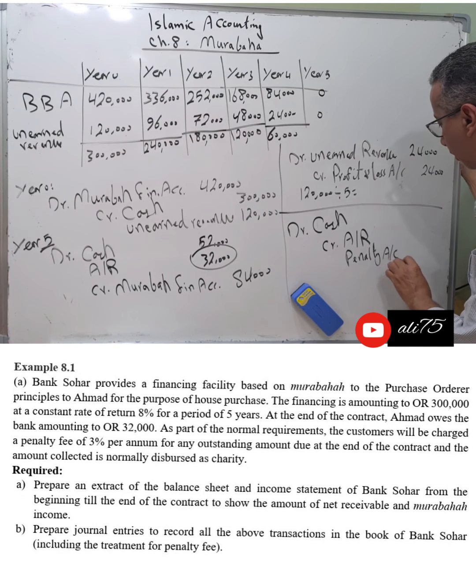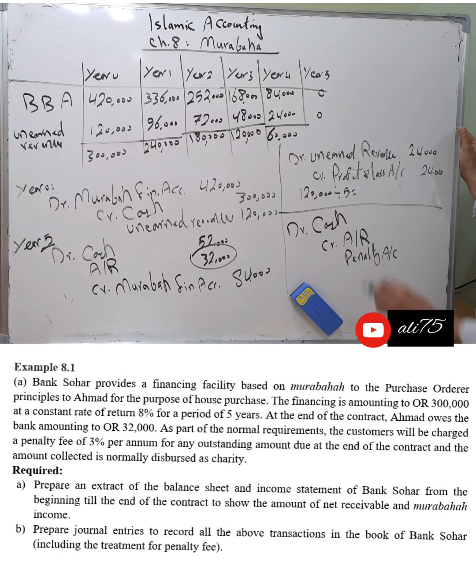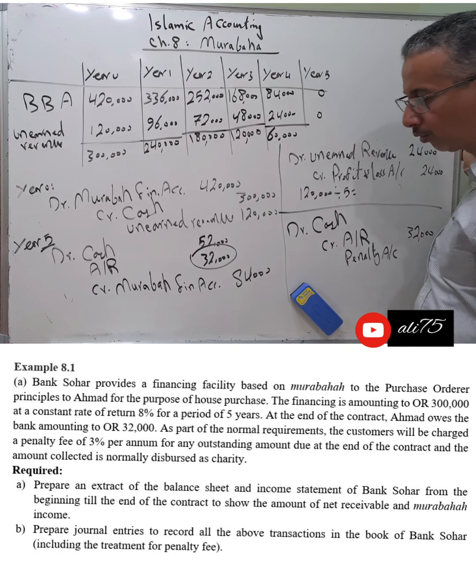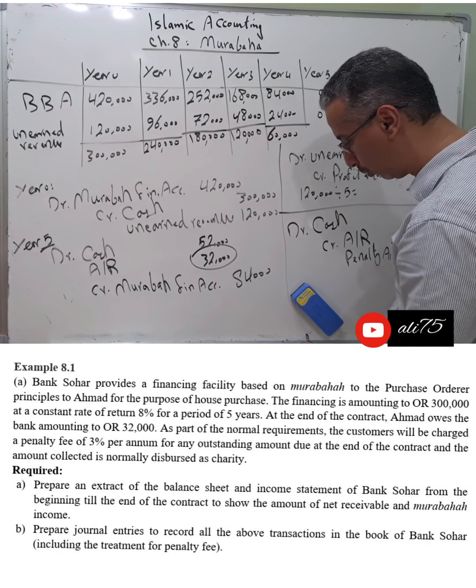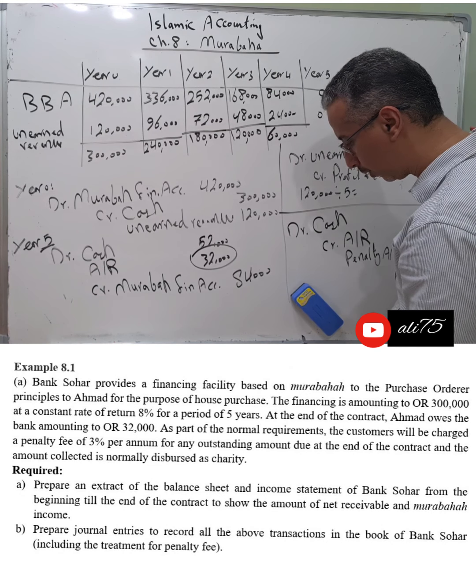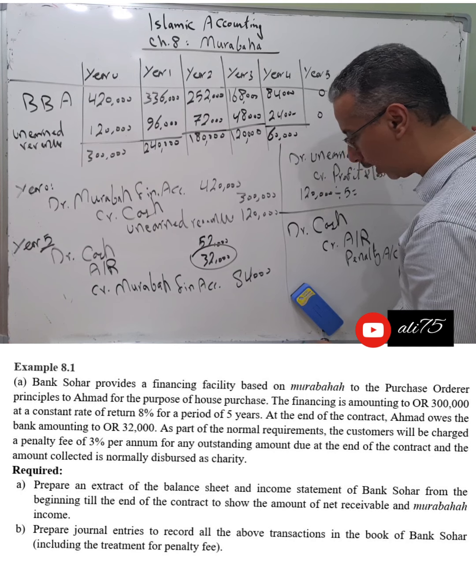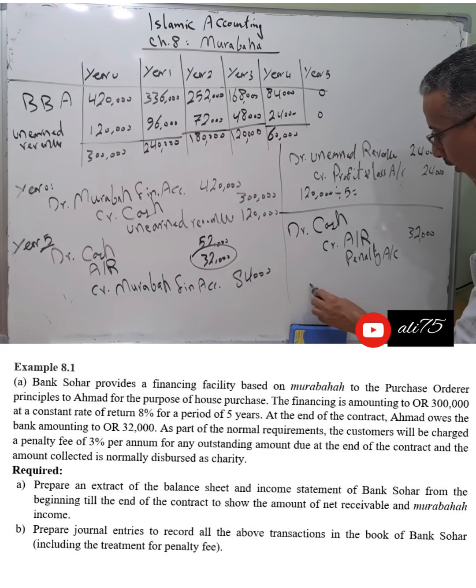Penalty, account receivable 32. He has to pay 3% out of 32. 3% is 960. 32,000 multiplied by 3% will be 960.